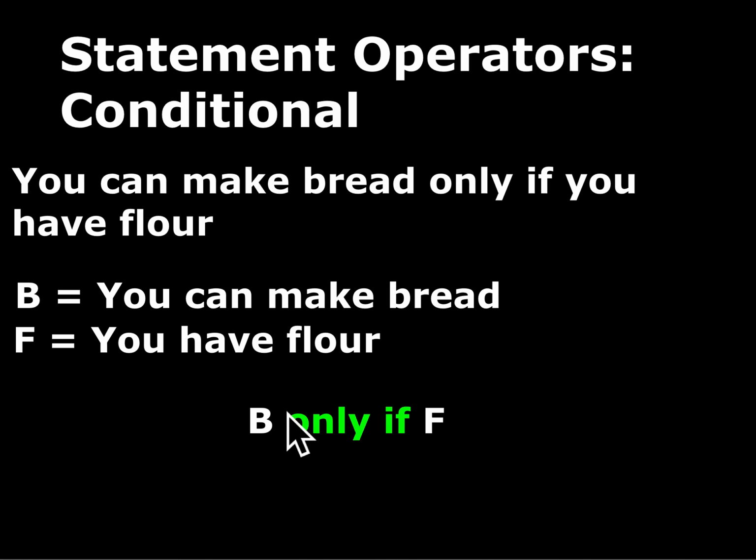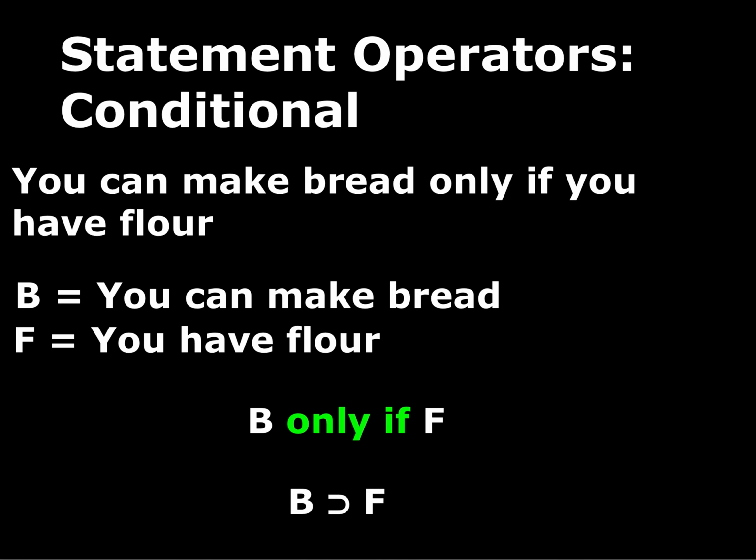But we have a different rule, since it's only if, for determining what's the antecedent and what's the consequent. Remember, the rule is the statement following only if is the consequent. Well, what follows only if? F does. So F will be the consequent. The other statement is the antecedent. And so it'll be B horseshoe F.